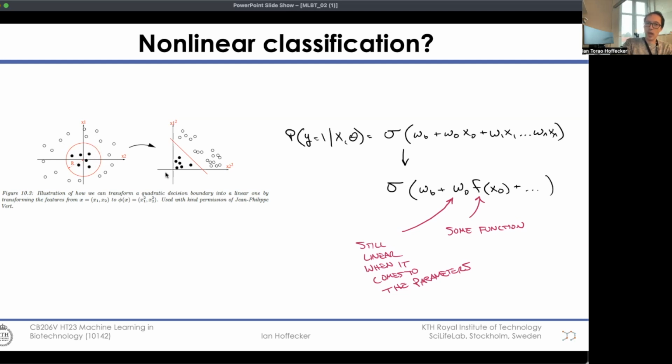And if we unwrap this, transform this from Cartesian to spherical coordinates, or spherical to Cartesian coordinates, then we could achieve a linear division between these points from what was originally a nonlinear relationship. And so this corresponds to substituting a function of x here and still solving for these weights.